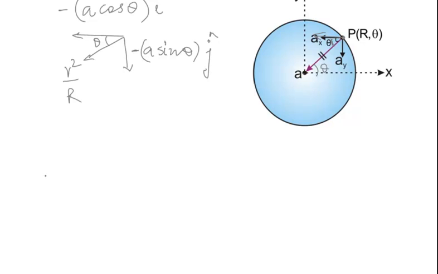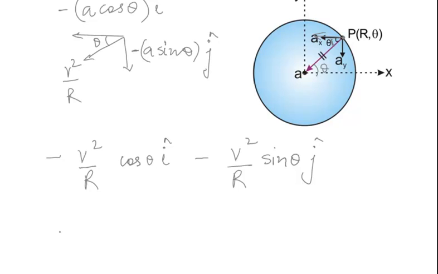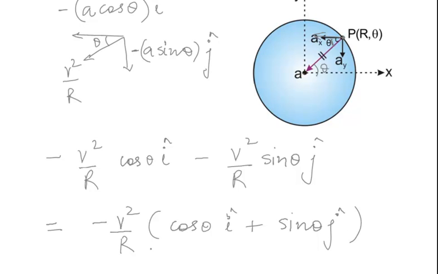So the acceleration vector can be written as minus v square by r cos theta i cap minus v square by r sin theta j cap. Or you can also write it as minus v square by r times (cos theta i cap plus sin theta j cap).